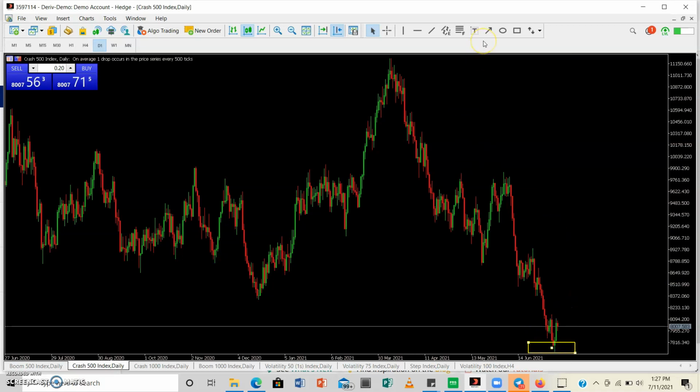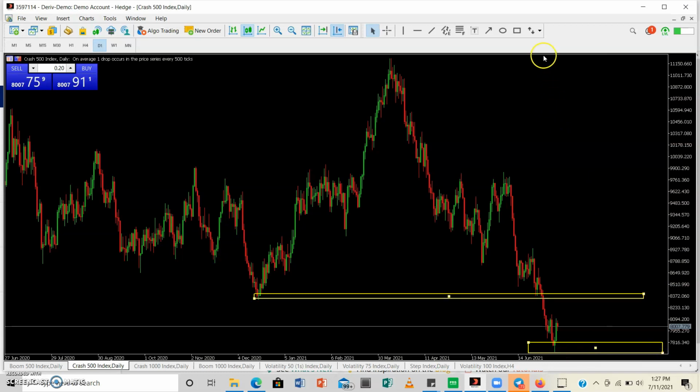So from this moment, I'm going to highlight my resistance zone, and this obviously takes up the role of the support zone, and I'm going to predict that we're most likely going to see some bullish momentum, probably to this level, and then maybe we can continue going in our direction.